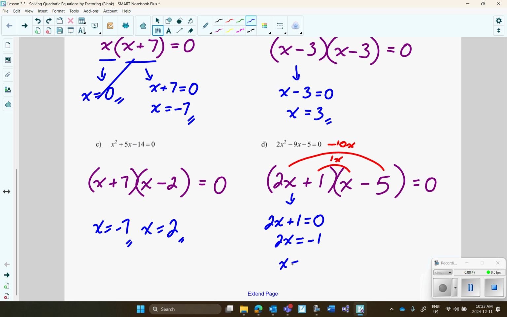Divide both sides by 2. So that one, you might want to show a little work for. This one, when there's nothing in front of the x, it's pretty straightforward. What's x? 5. So there's our two answers.